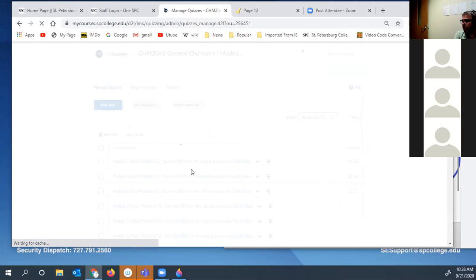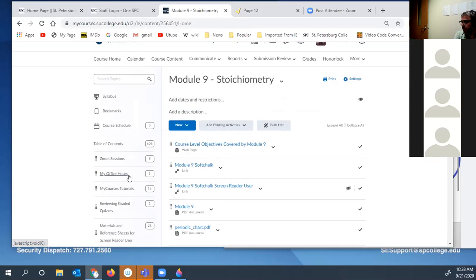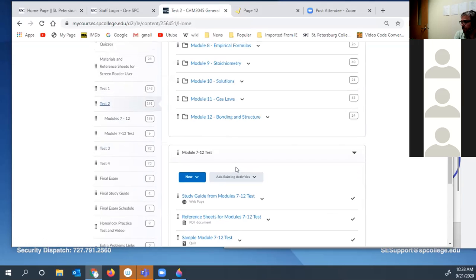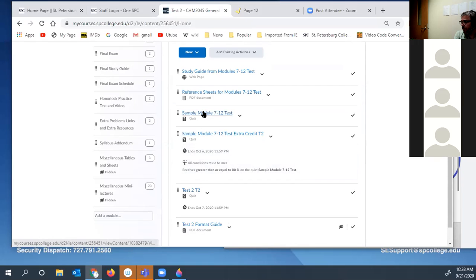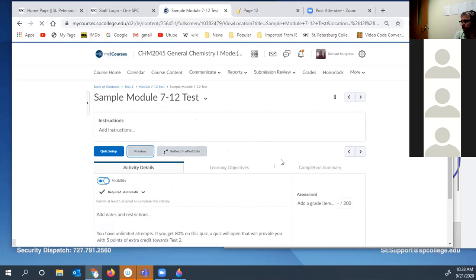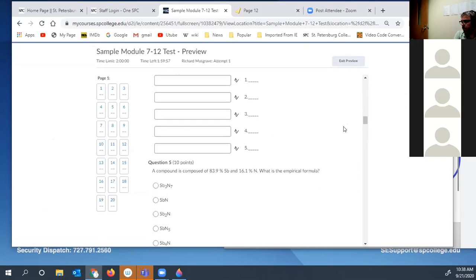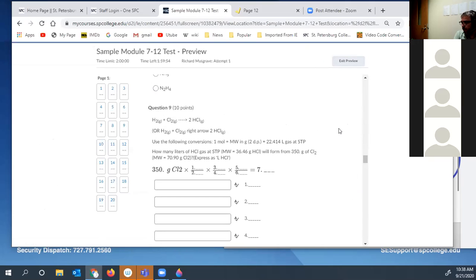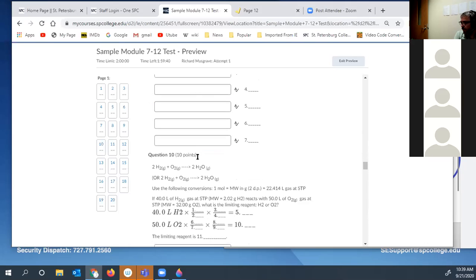Let me show you what these questions look like on the test as well. So the problems that relate to module 9 start at question 9 here, and we have a problem where you need to go from one thing to another thing, in this case, liters of HCl from grams of Cl2.